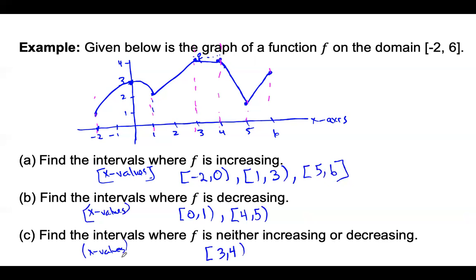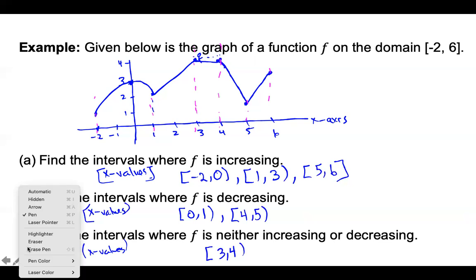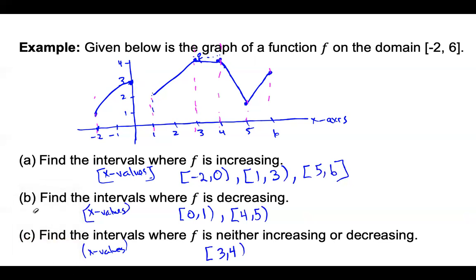So you go up, you see here it's flat, the slope is flat. And then you start to come down. I drew that a little bit nicer. It looks a little high, but that's the idea.